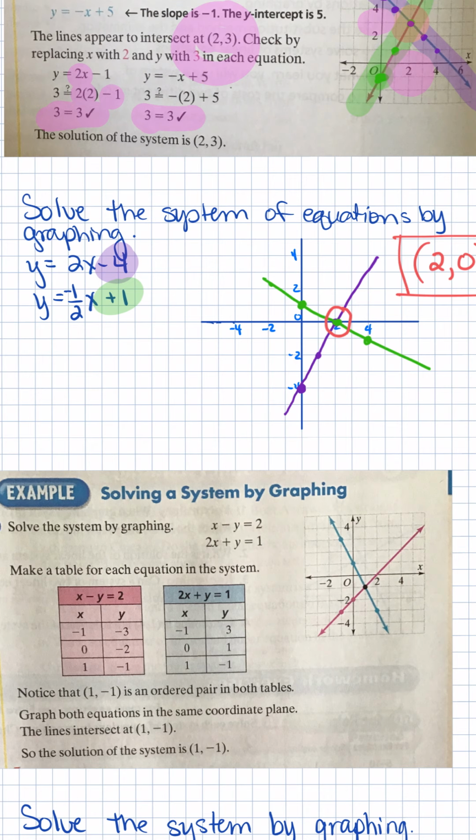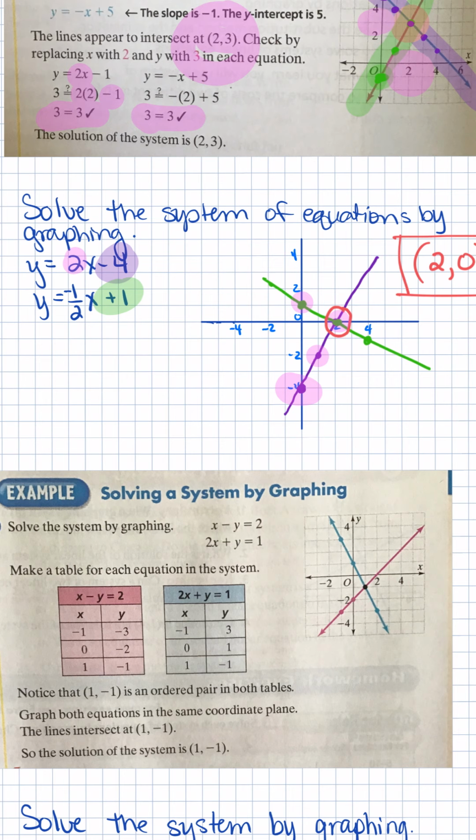Okay, when I graphed these, I started with the top one. I did the negative 4, slope up 2 over 1, went up 2 over 1, that's where I got that point. So I went ahead and made that line. Then I went to the second one. The y-intercept is 1, so that's where I got that. The slope was negative 1 over 2, so down 1 over 2.